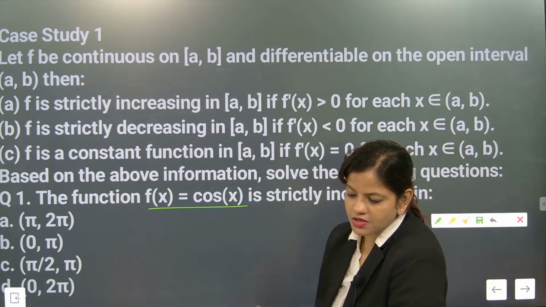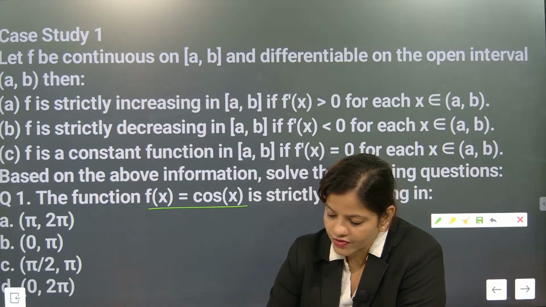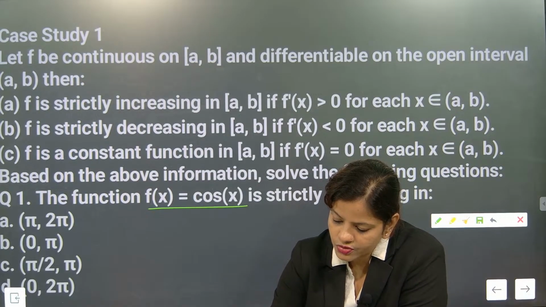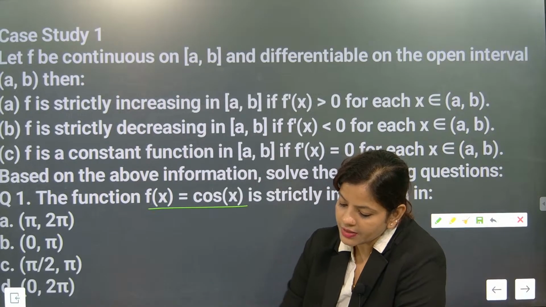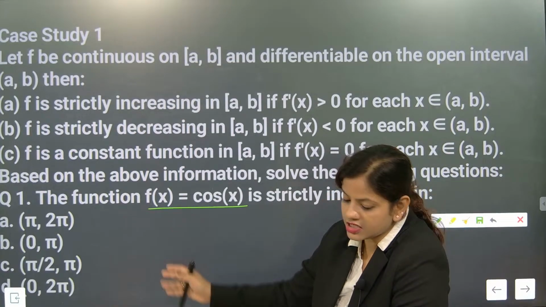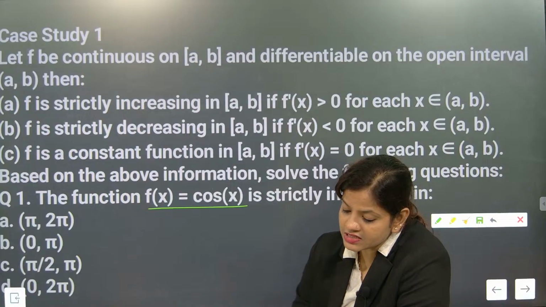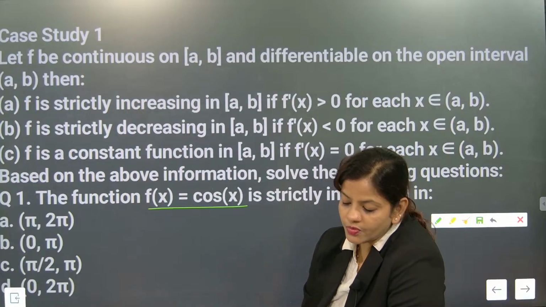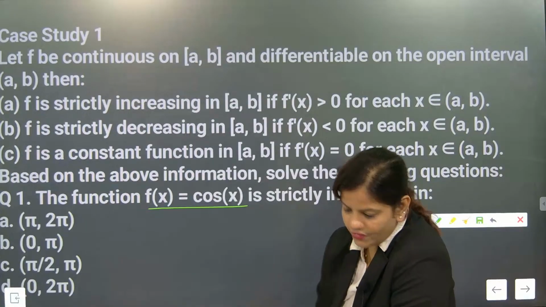When f of x is cos x, in which interval is it strictly increasing or decreasing? So first we will differentiate f of x. Okay.